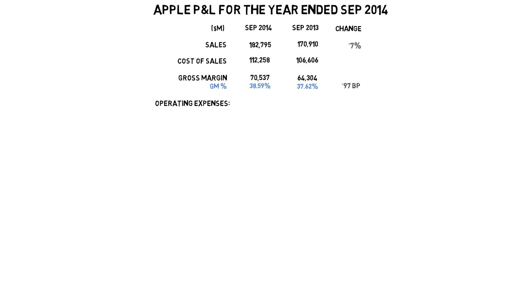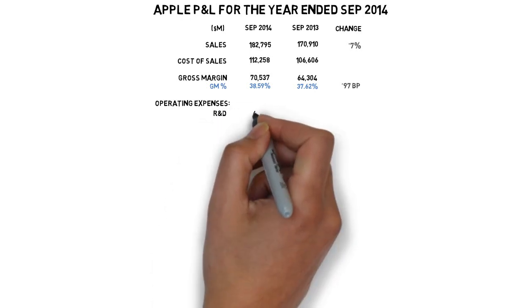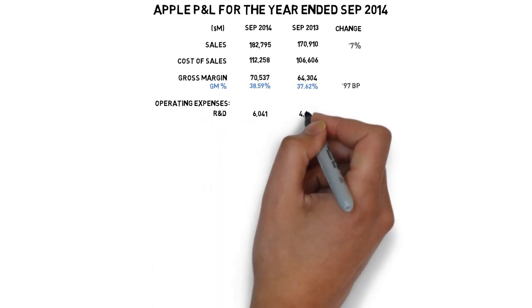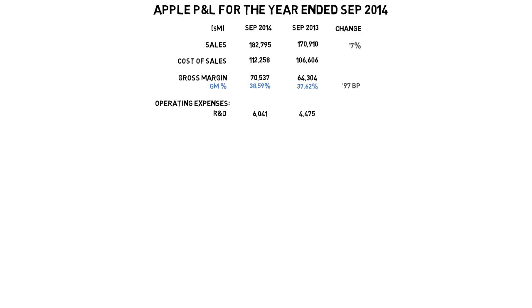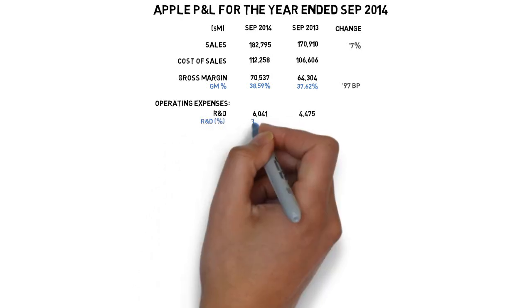Next we find the operating expenses. These represent the indirect costs of doing business. First one here is research and development costs, or R&D. We can see that Apple spent a massive $6 billion on R&D this year. Quite an impressive figure. Again, analysts will tend to look at these costs as a percentage of sales.